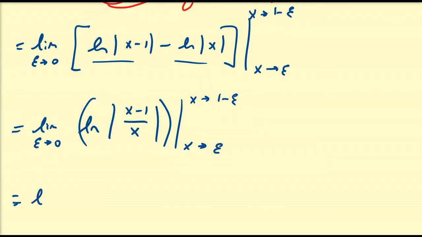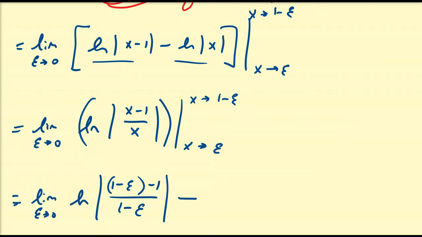So this is going to be equal to the limit as epsilon goes to 0 of the natural log of the absolute value of, let's plug in 1 minus epsilon: (1 minus epsilon minus 1) over (1 minus epsilon), minus, the lower limit goes in now, so (epsilon minus 1) over epsilon.